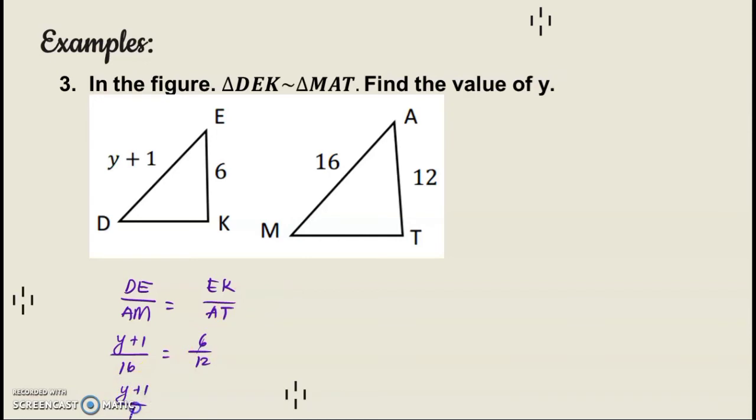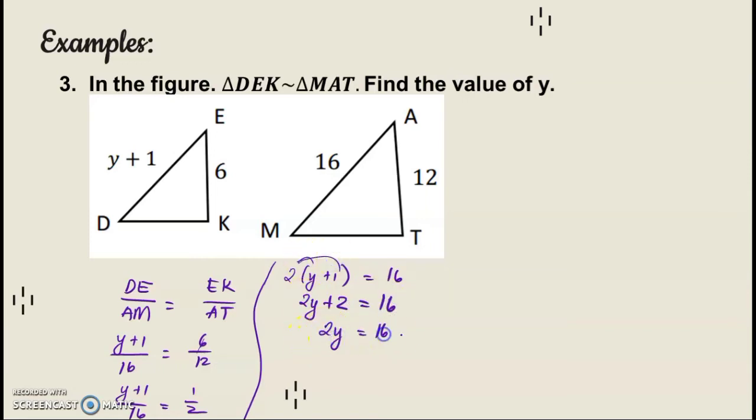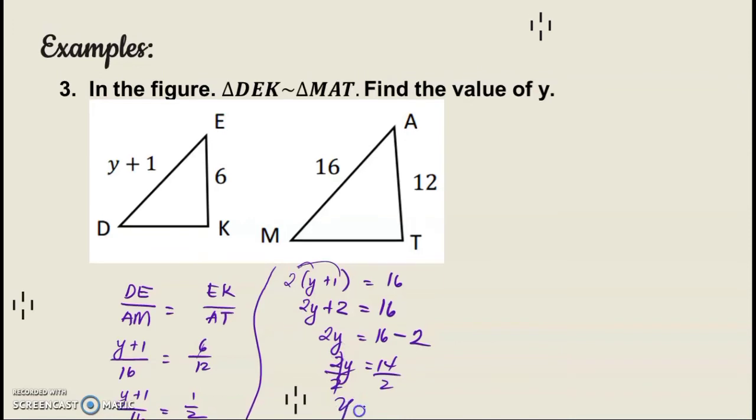So, y plus 1 over 16 is equal to 1 half. Para kapag multiply natin, madali na lang. So, 2 times y plus 1 is equal to 16. So, 2y plus 2 is equal to 16. Distribute na lang naman yan. So, 2y is equal to 16 minus 2. So, 2y is equal to 14. Then, divide both sides by 2. Therefore, y is equal to 7. Okay, so gano'n lang kasi ito. Okay?